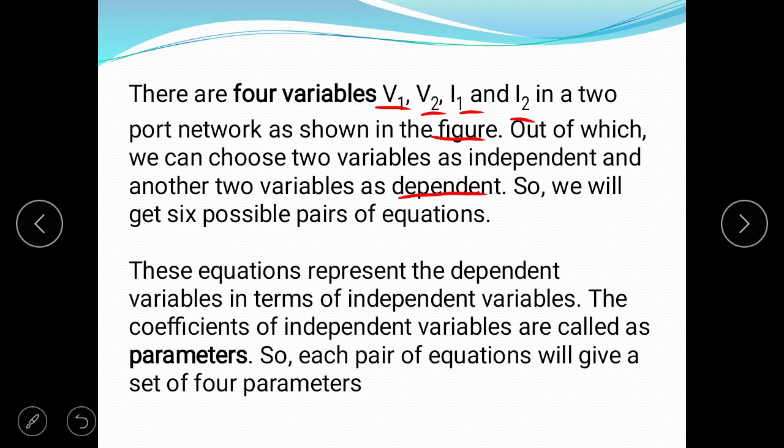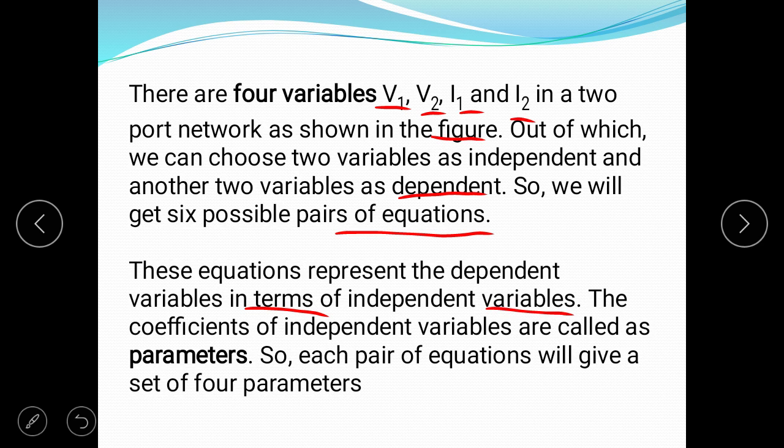So we will get 6 possible pair of equations. These equations represent the dependent variables in terms of independent variables.